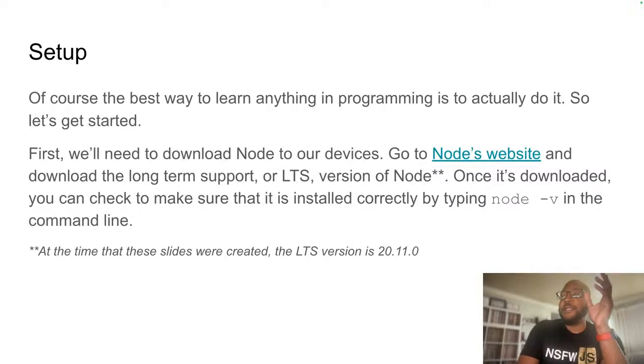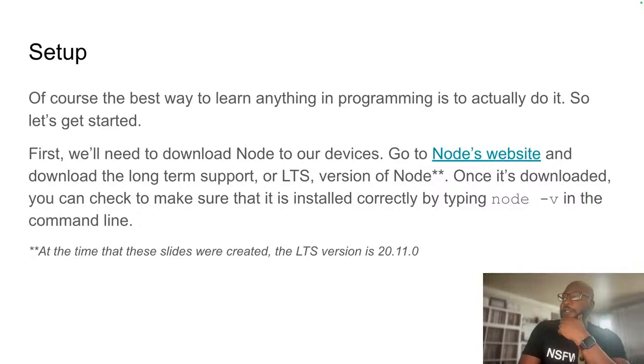So that's Node and Express. My very quick presentation of that. If you haven't already, you should go to Node's website and download the long-term support version. You can see at the time that these slides were created, it was 20.11.0, but now it's 22.20.